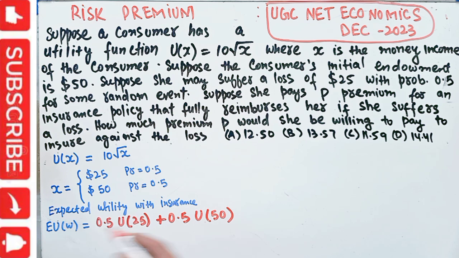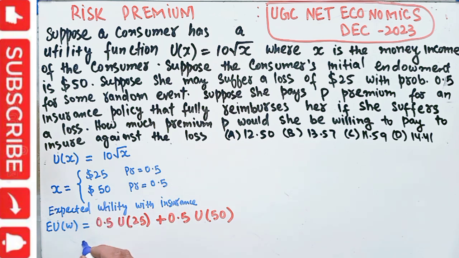I explained how we find the expected utility in earlier YouTube videos, you can check out. And here I can only say that how we find the expected utility, that is probability 0.5 times the utility of when she does suffer a loss, plus the probability that she does not suffer a loss times the utility of $50.